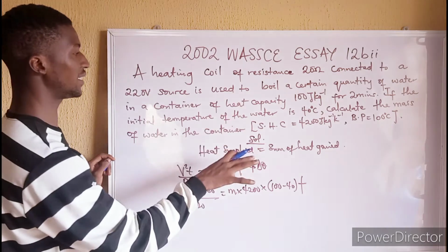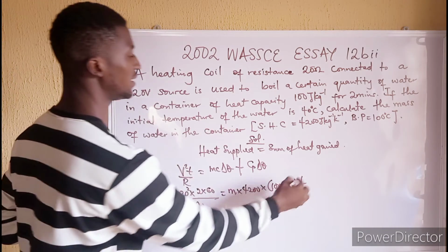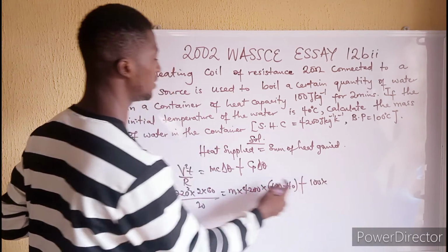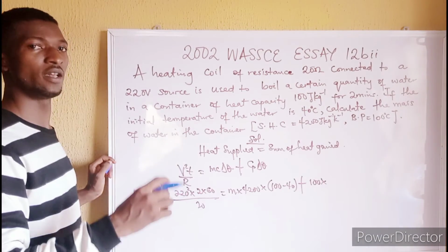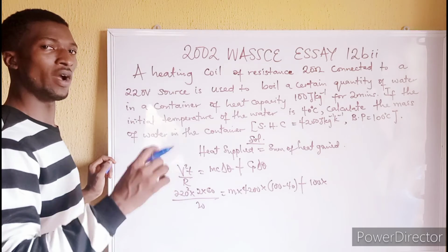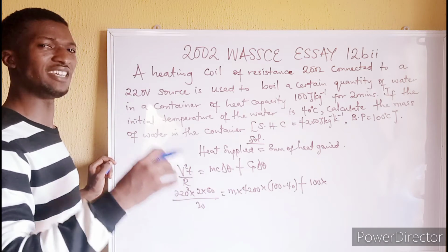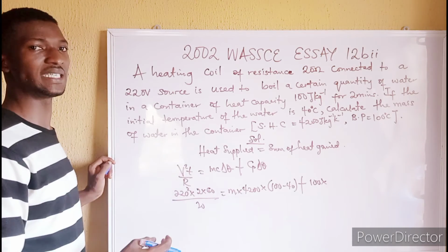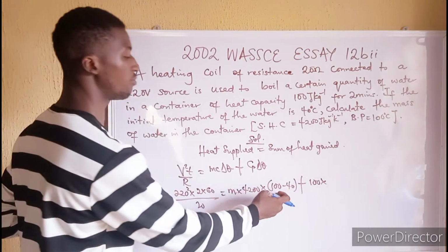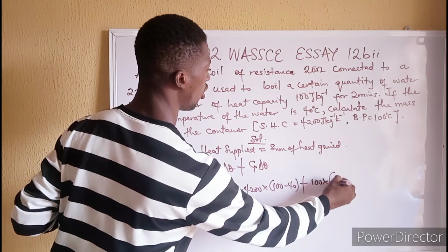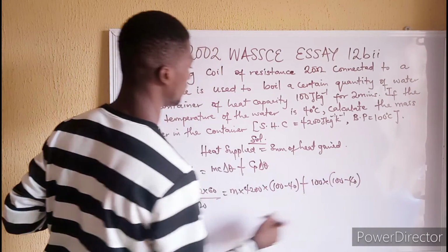Since this is for the container now, the heat capacity of the container is said to be 100 times the temperature change. Now the reason we usually consider heat gained by the container is that when it is a good conductor, it shares the same initial and final temperature with the substance inside it. And the initial temperature of water is 40, while the final temperature is 100. So we take it to be 100 minus 40.